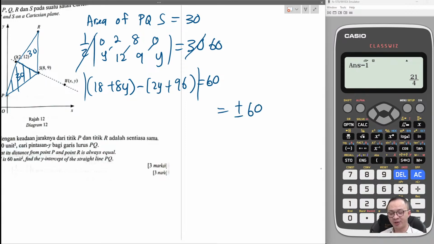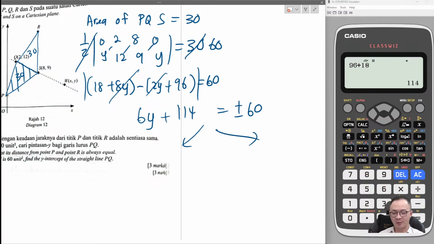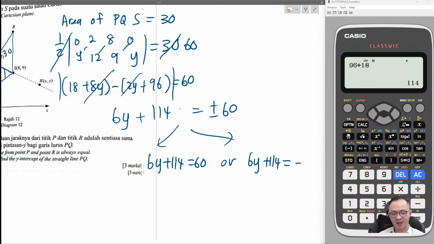Now no more modulus. So 8y minus 2y, I get 6y. Then these two I add together, I will get 96 plus 18, 114. So 6y plus 114 equals 60, or 6y plus 114 equals negative 60.